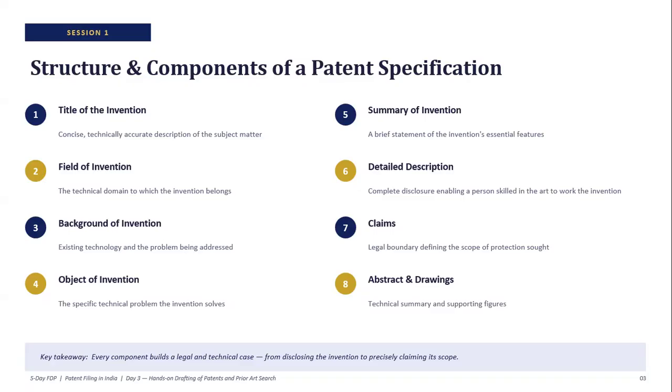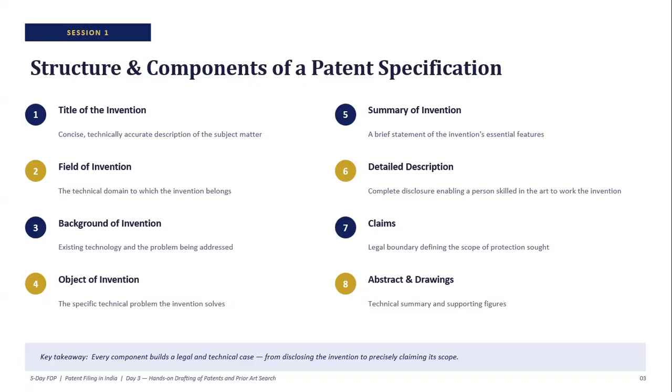Third component is said to be background of invention. Here we explain the existing technology, identify the relevant limitations, and establish the technical problem that the invention seeks to address. Fourth component is the object of invention. This explains the specific technical problem that the invention is intended to solve.